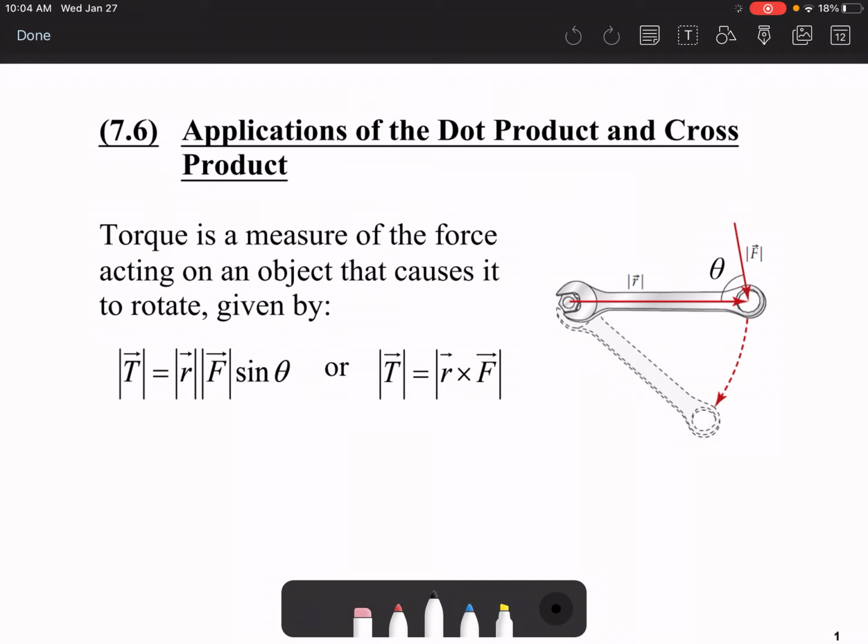Here I show a wrench that is going to be a distance from this point of rotation, which is given by the magnitude of r, and we also have a force being acted upon it right here in newtons. So this distance is usually in meters. This measure is newtons.